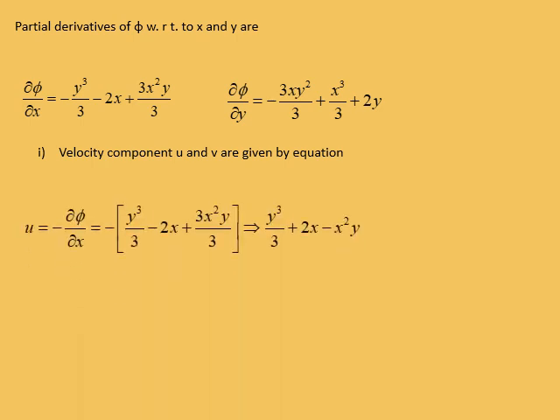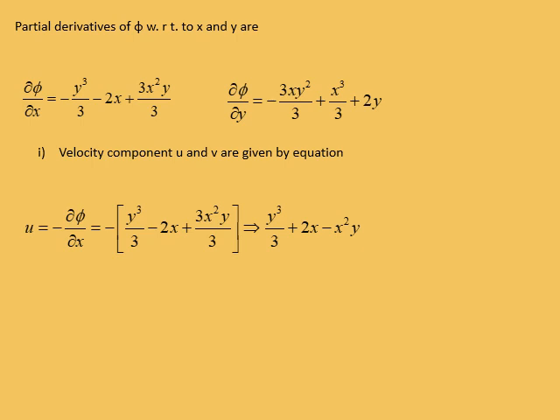We know that u = −∂φ/∂x. According to the relation between the velocity component and the velocity potential function, u = −∂φ/∂x, that is, −(−y³/3 − 2x + 3x²y/3).